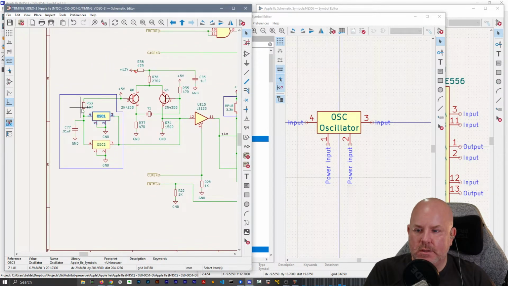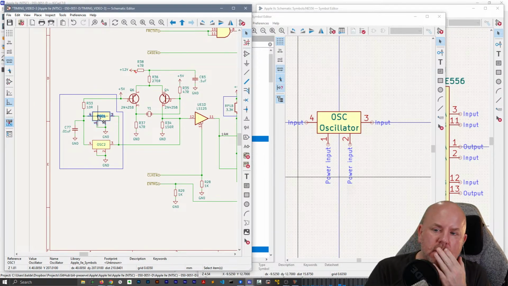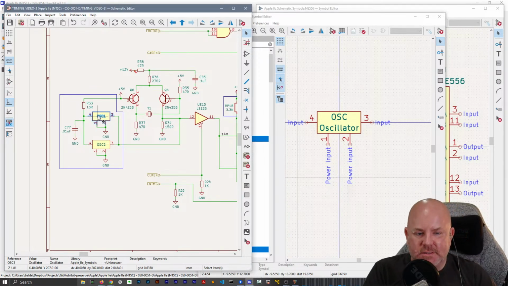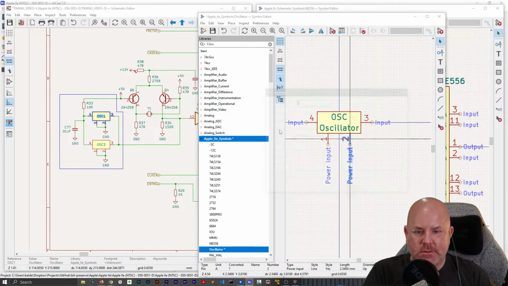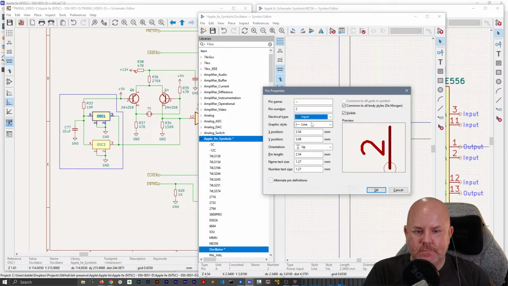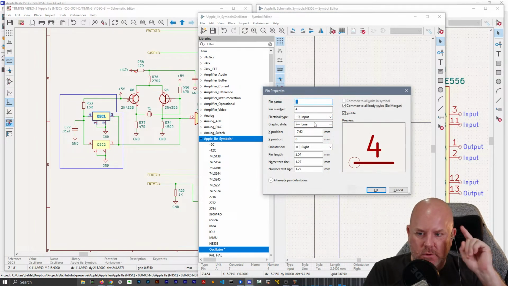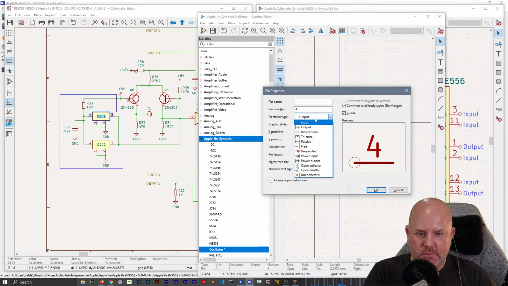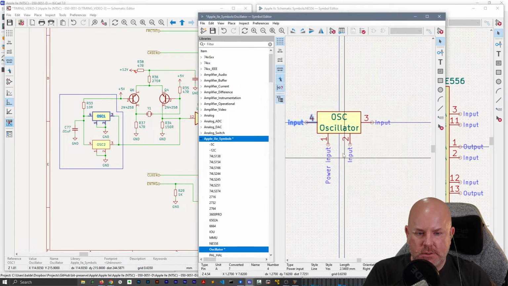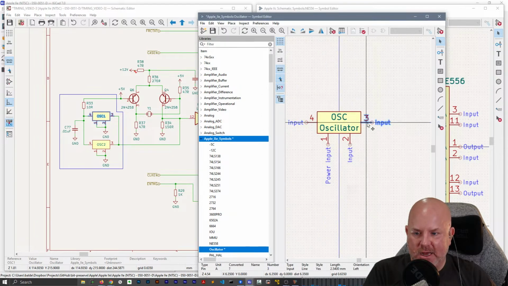Well, okay, they're oscillators. So what this is actually, 2 is an input, because I think it's the enable signal. Because 4 and 1 are the power symbols. And then 3 is the output.